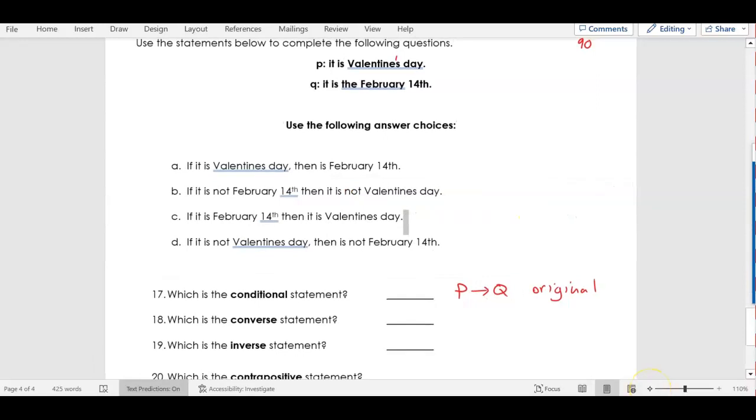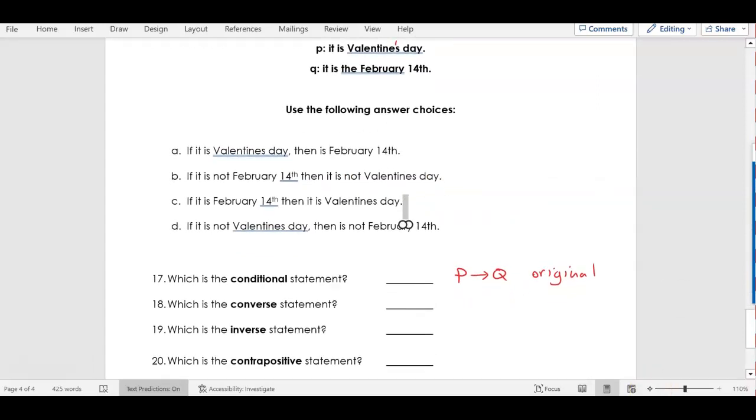So the conditional is going to take P and Q, and it's going to be: if it is Valentine's Day, then it is February 14th. So which one says that? If it is Valentine's Day, then it's February 14th. It's going to be letter A. So don't circle A. We're writing it down right here. Okay. Cool.